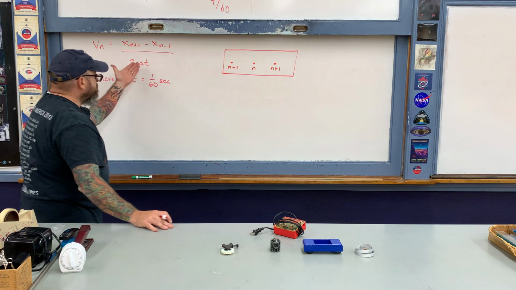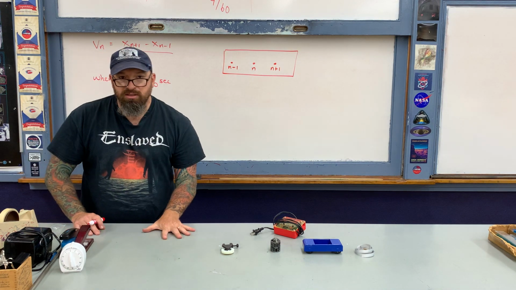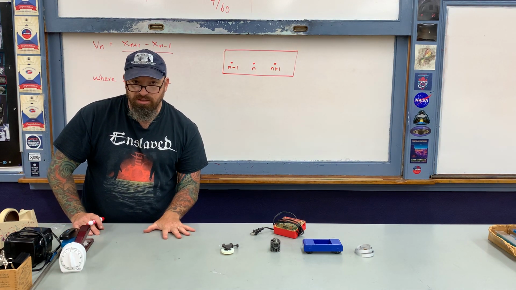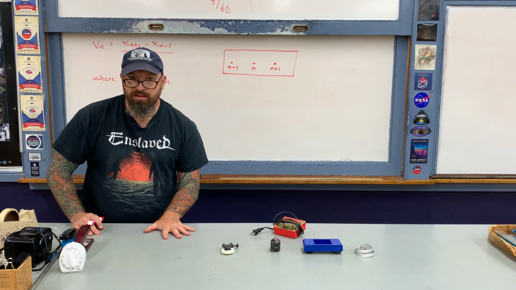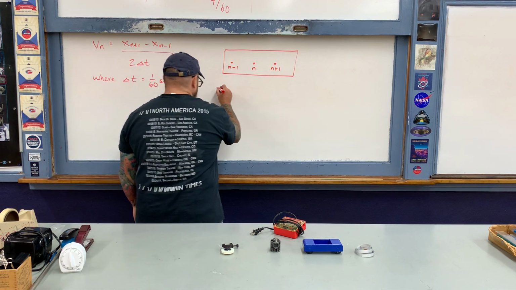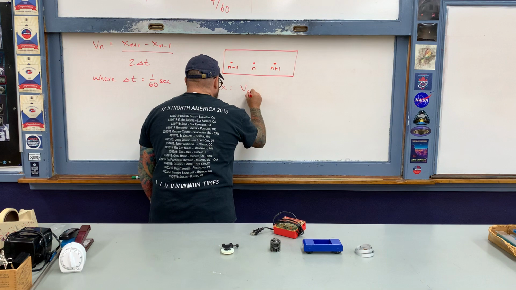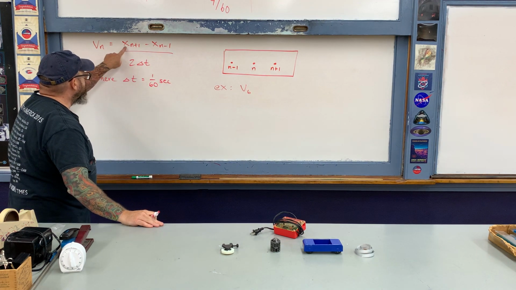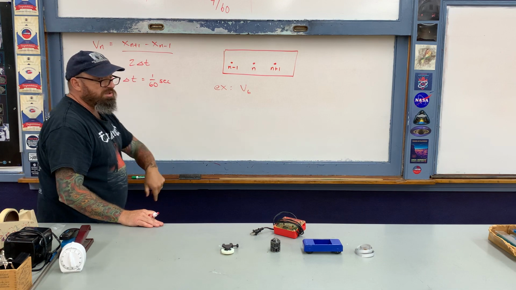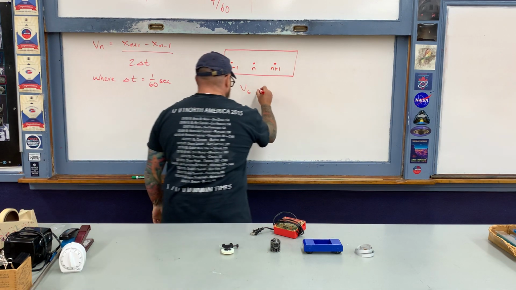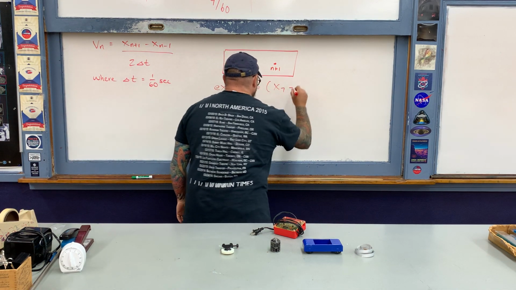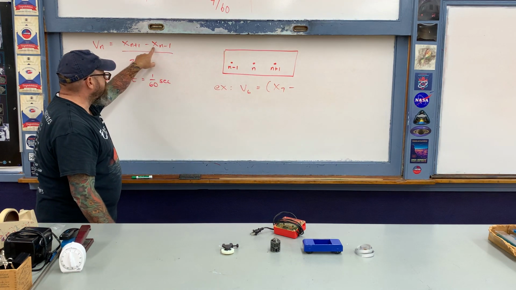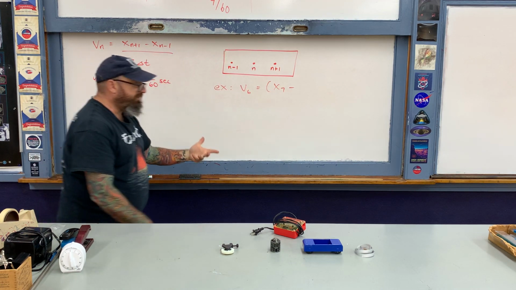Now this sounds a little bit cryptic. However, using this expression is actually really easy. Here's an example as to how we use it. Let's say that we're asked to calculate the velocity at the 6th dot. Well, what you then do is you take the position of the dot ahead of it, which is dot 7. And then you subtract from that the position of the dot behind it, which is dot 5.